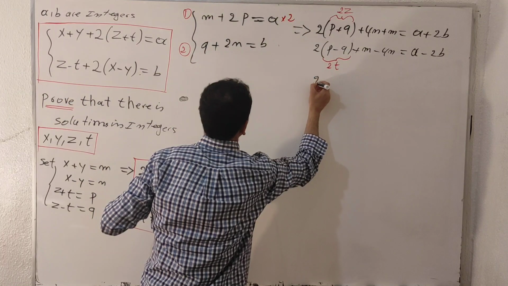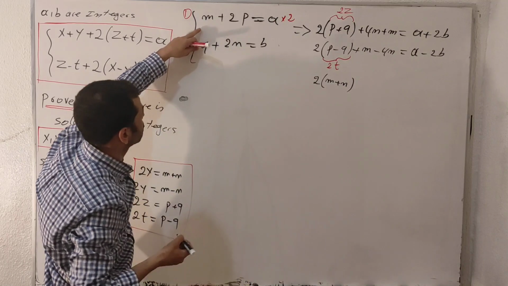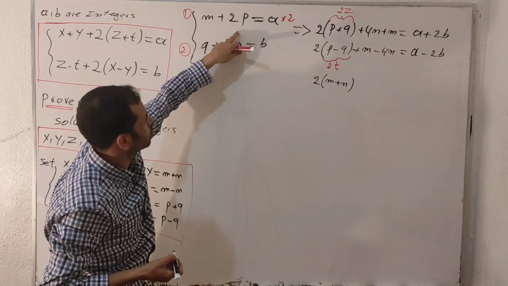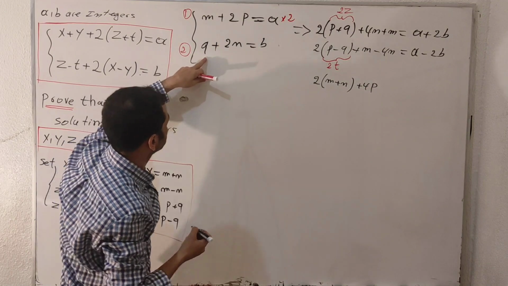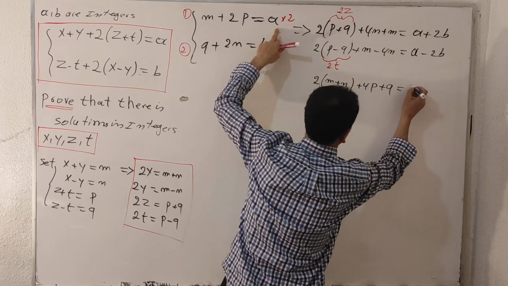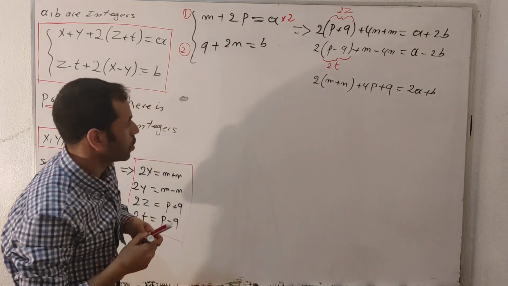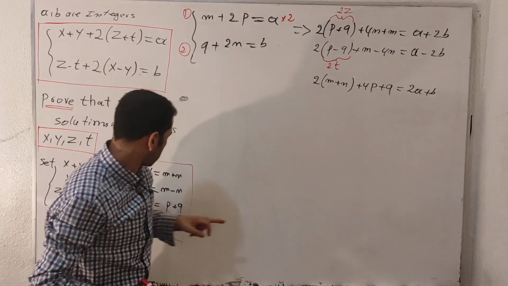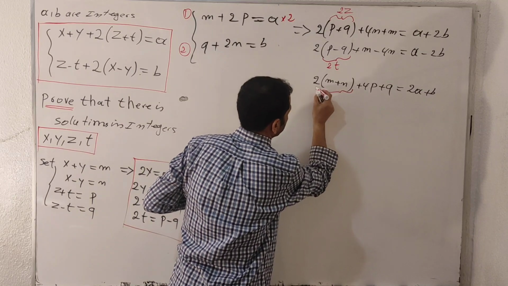I will put 2 multiplied by m plus n. This one was multiplied by 2 here, so I will get 4 times p plus q equals 2a plus b. Very simple. Also I know m plus n equals 2x, so this will be replaced with 2x.